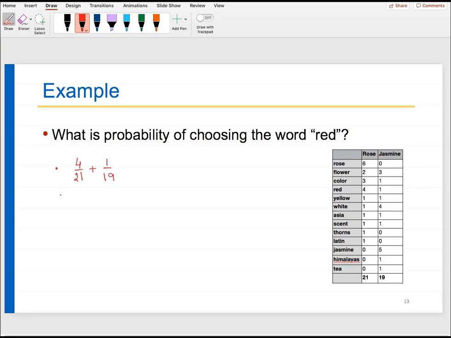Any other answer? 4 by 21 into 0.7 plus 1 by 19 into 0.3. Any other suggestion? How about this? 4 plus 1 divided by 40.